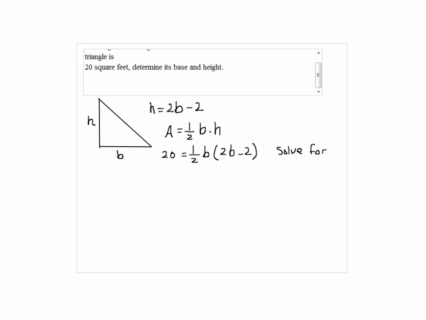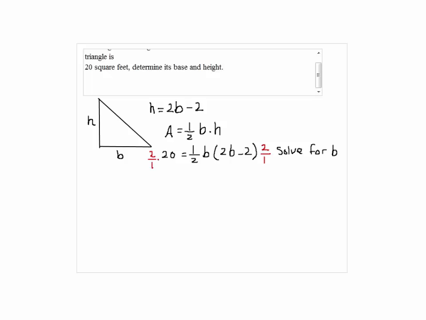And we know the area is 20. So the formula for area is equal to 1/2 base times height. So the area is given to us as 20, 1/2, the base we call it b.